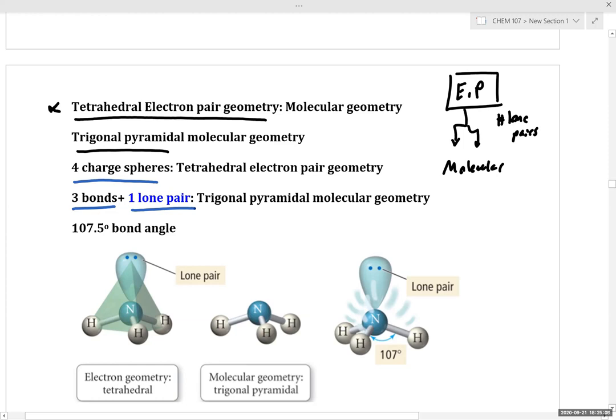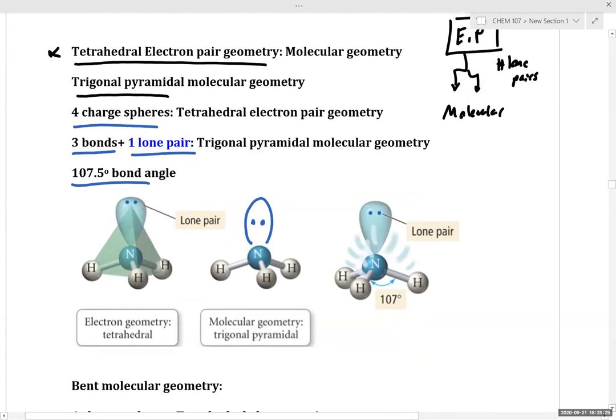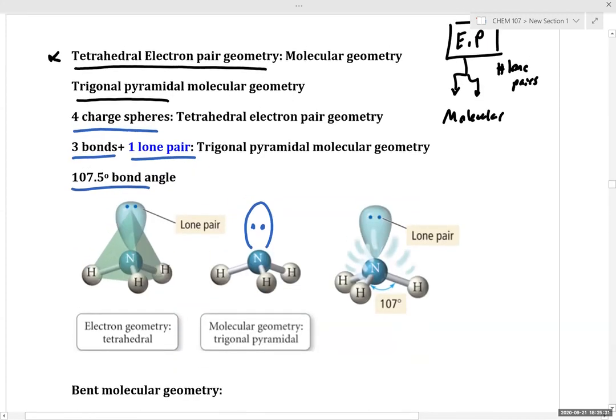As a result of this lone pair, we have a 107.5 degree bond angle. Remember, lone pairs take up space, and that pushes our bonds closer together, leading to a smaller bond angle. Does this make sense to everyone? Does this example make sense to everyone?